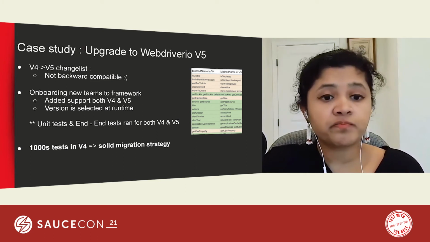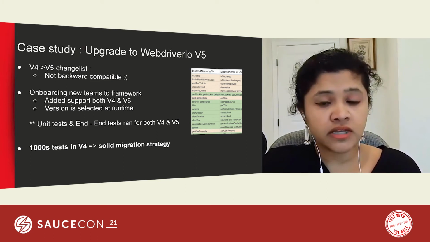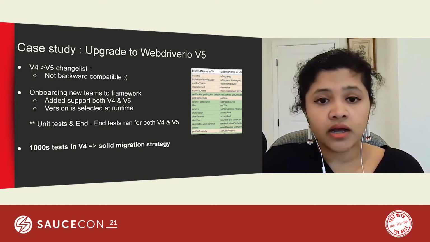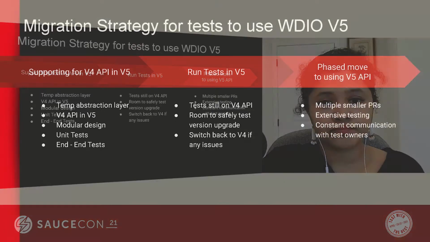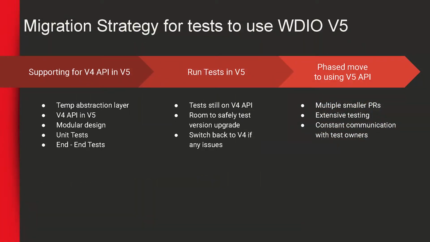We did add a lot of unit tests and end-to-end tests, and ran them for both V4 and V5. Although initially it seemed like supporting both V4 and V5 was a huge complexity, it did serve as a boon in disguise. What it did was give us the ability to migrate in a phased manner.